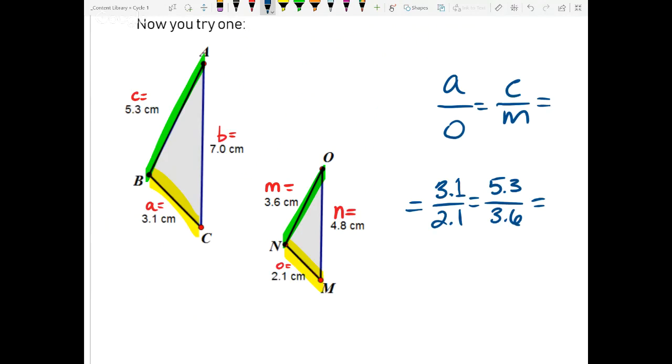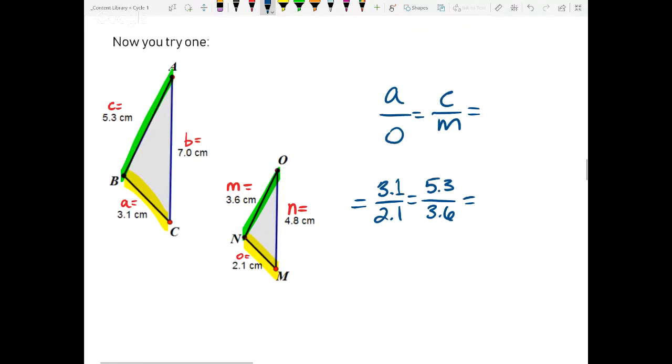Hunter, can you give me the last pair? So I've got A and C. Very good. So B lines up with N.